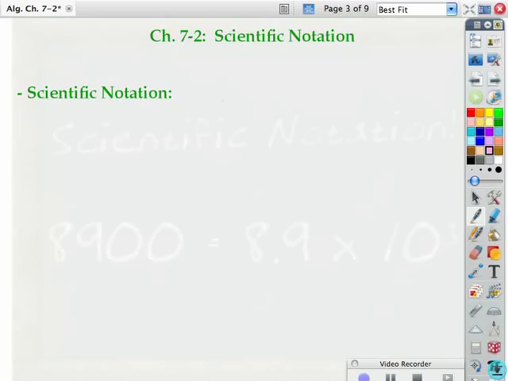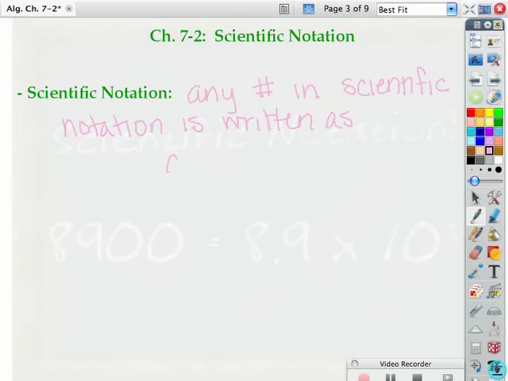You should have already seen this obviously in science class, but just as a refresher, any number in scientific notation is written as a number times 10 to a certain power.